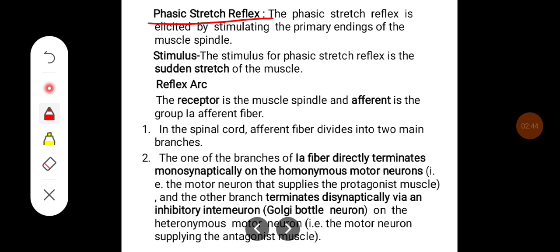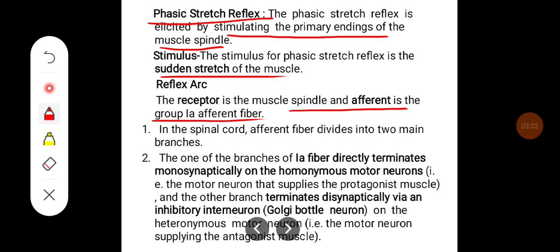Phasic stretch reflex is elicited by stimulating the primary endings of the muscle spindle. Here, stimulus is the sudden stretch of the muscle. The reflex arc for this phasic stretch reflex: receptors are muscle spindle and afferent is group 1A fibers. In the spinal cord, afferent nerves divide into two main branches.